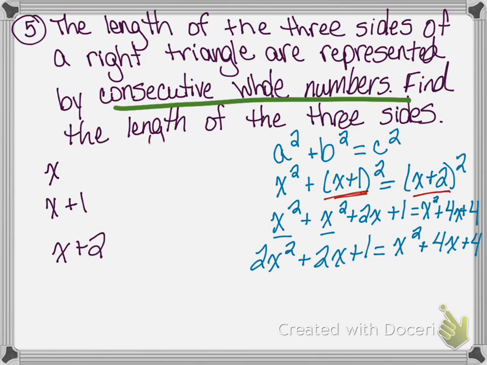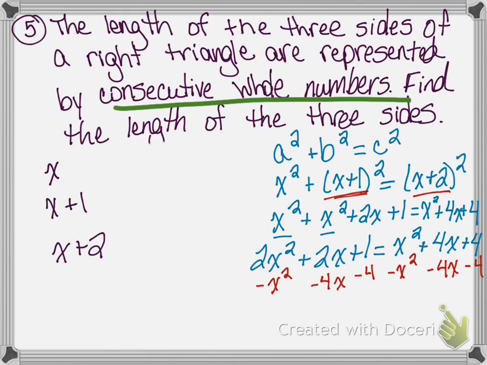Okay, everything on the right-hand side, I've got to subtract and move it to the left-hand side. So I've got to subtract an x squared from both sides. I have to subtract a 4x from both sides. And I have to subtract a 4 from both sides. Do you see what I did there with the red?